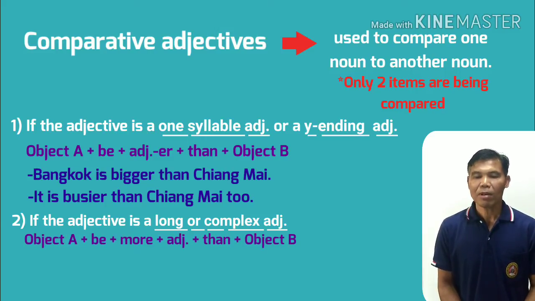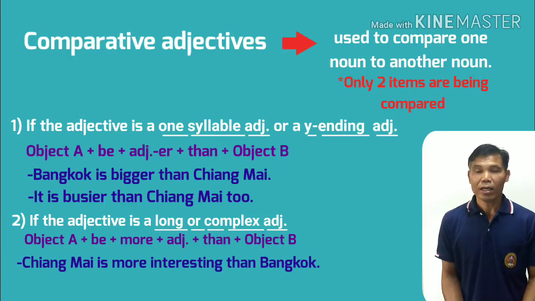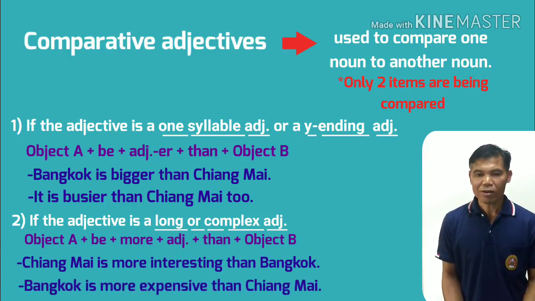Object A plus B plus more plus adjective plus than plus object B. For example, Chiang Mai is more interesting than Bangkok. Bangkok is more expensive than Chiang Mai.